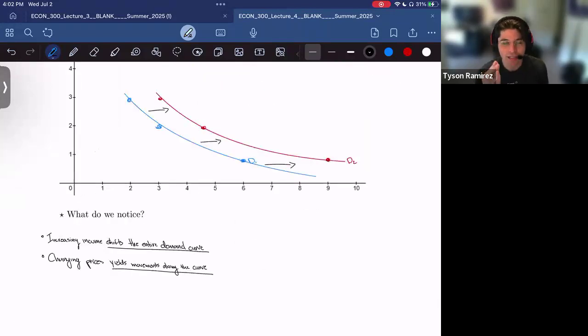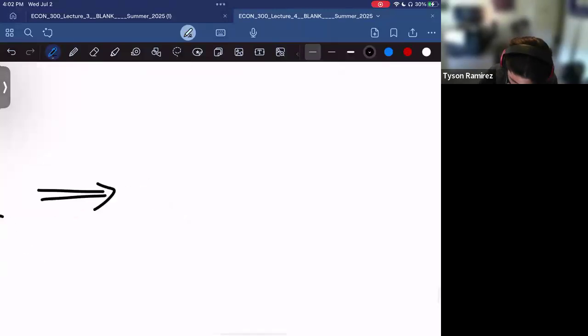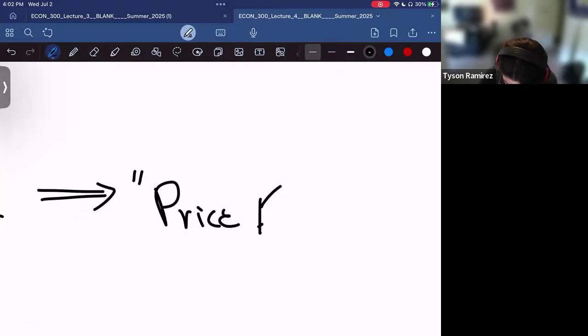This is exactly what we should have seen in principles of micro: a price factor, aka the price of the good itself, moves us along the curve.